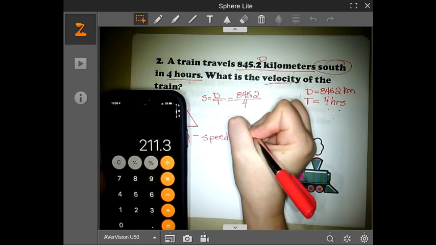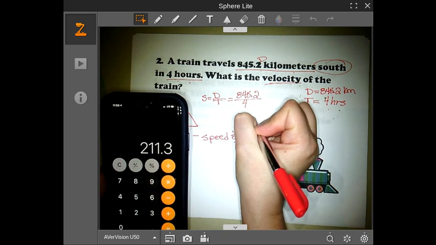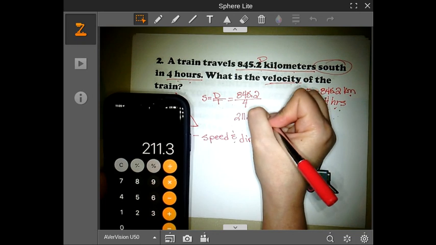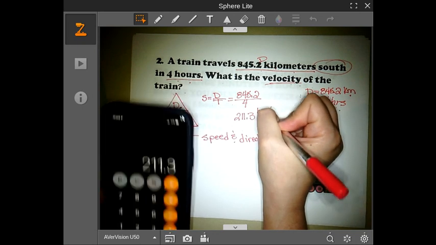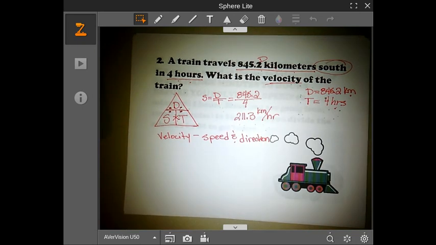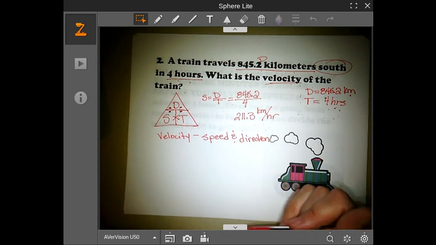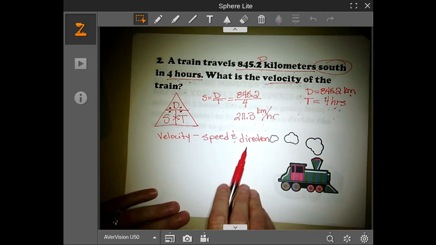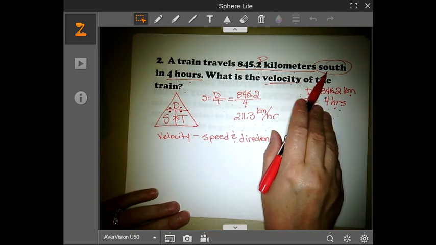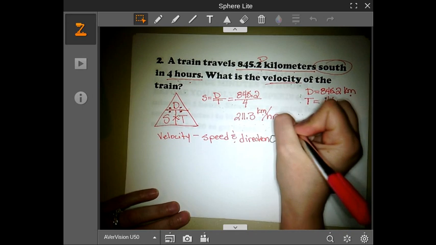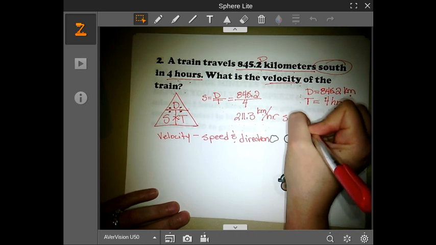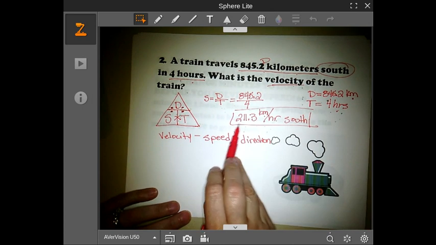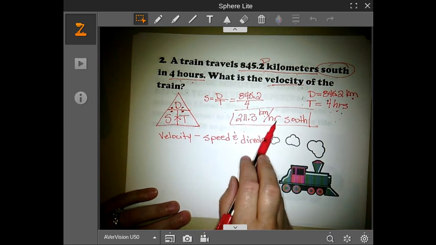So 211.3, and that's kilometers over hours, because those are the units that we had. It didn't specify, so we're just going to leave them in that unit, kilometers per hour. And now we need the direction. It told us that we're going south. So the velocity is 211.3 kilometers per hour south.